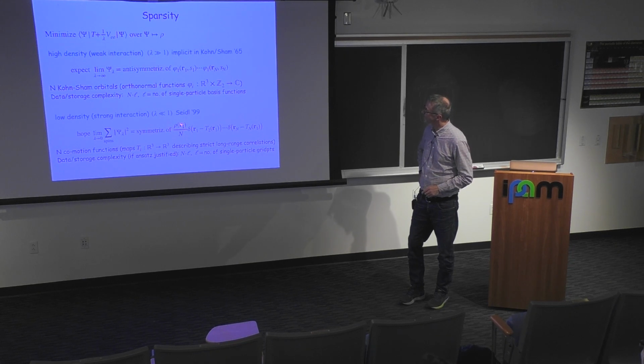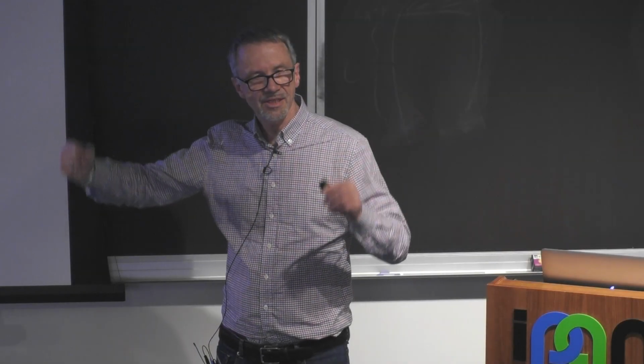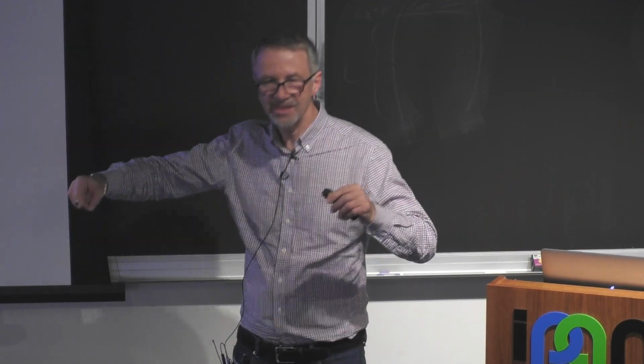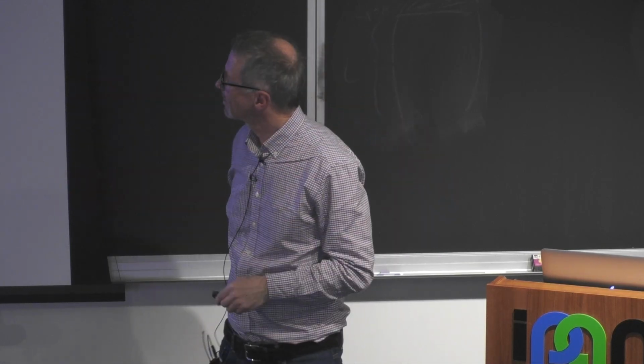Whenever you know the first coordinate, Mike Seidel says, then the position of the second electron and so on, and of the nth electron is fixed, given the first electron. So these are long-range position correlations that emerge, and really strict correlations in the sense of a delta function. So there's a unique position.